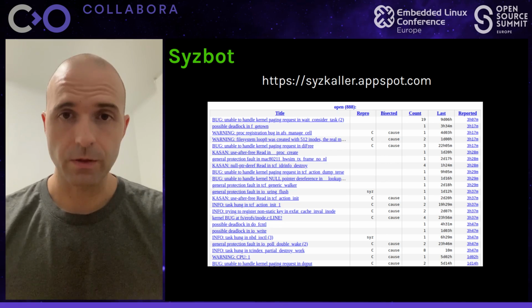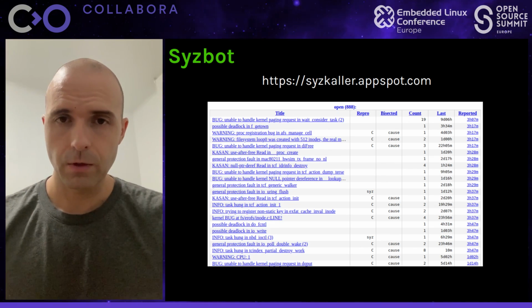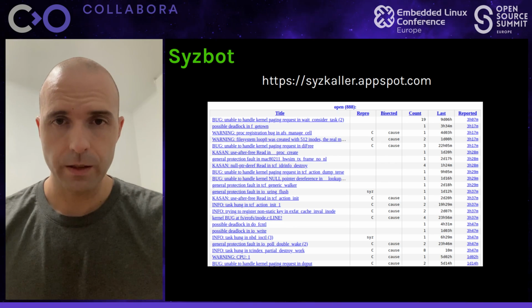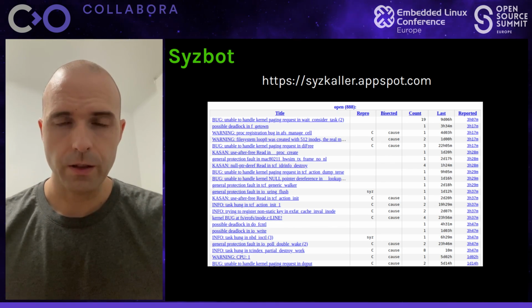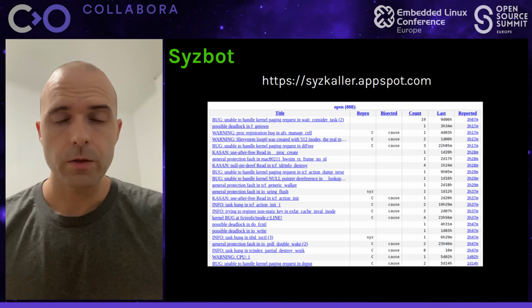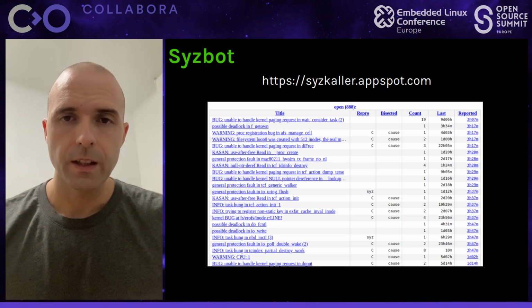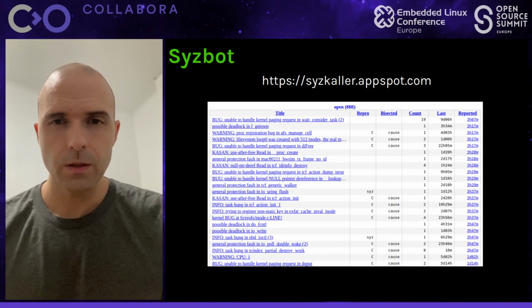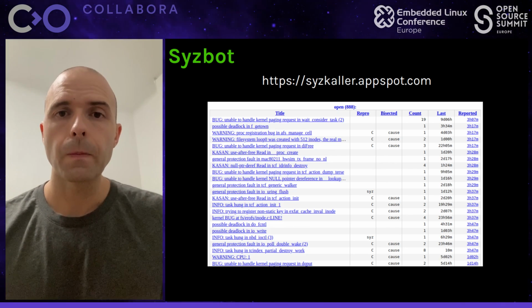Finally, I'd like to mention Syzbot, which is arguably more widely known than Syzkaller itself. Syzbot is a continuous fuzzer and reporting tool, which has a public dashboard where you can see it in the link in the slide. And it has proven to be an invaluable tool for discovering new kernel bugs.